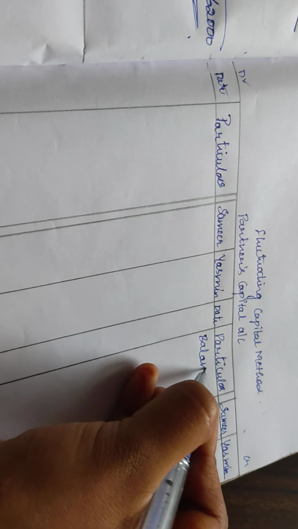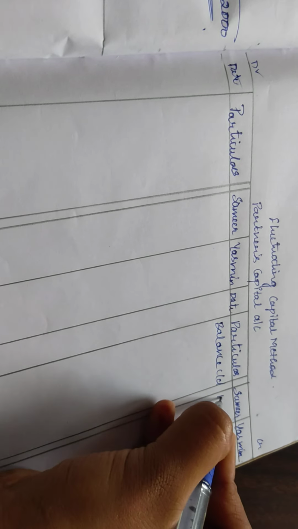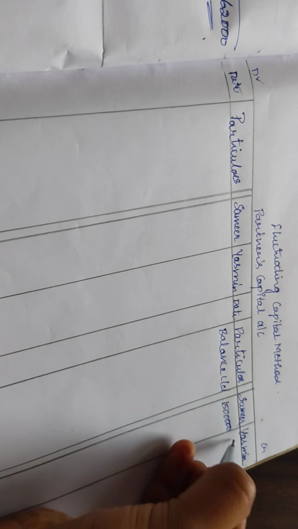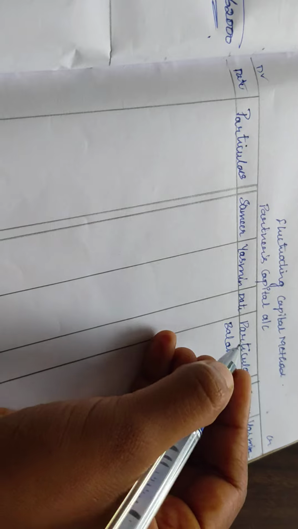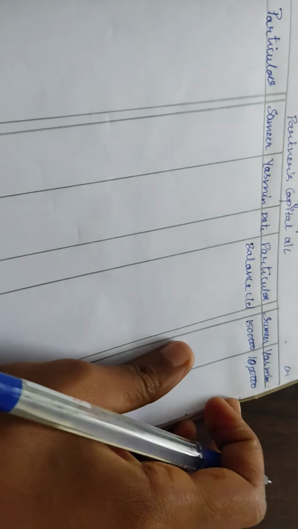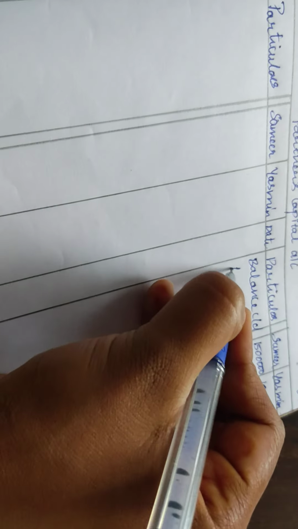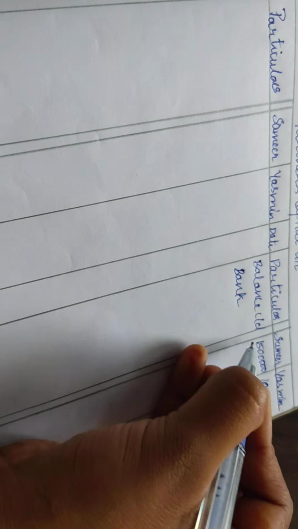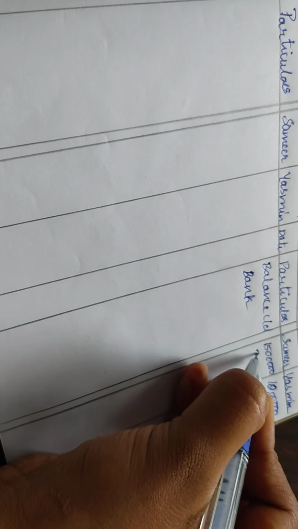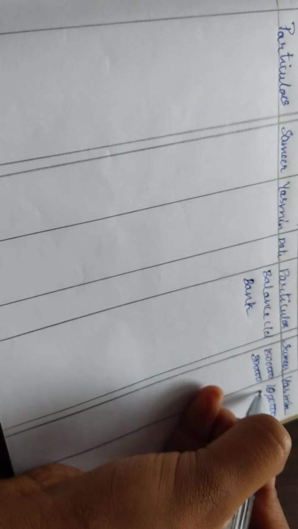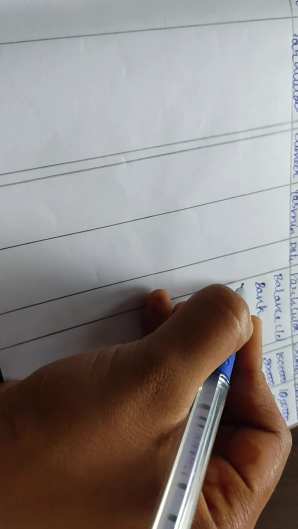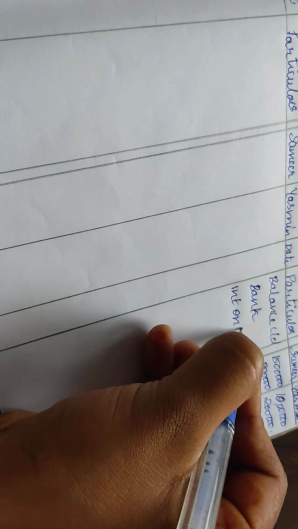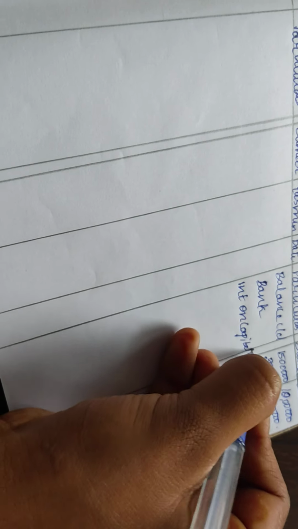So balance carried down 15 lakh and 10 lakh. So the additional capital which has been introduced, let us take it as the bank. Here 3 lakhs and 2 lakh. And the interest on capital we have calculated for Samir and Yasmin.